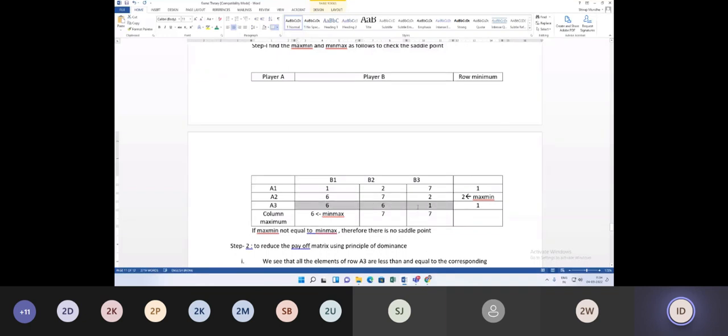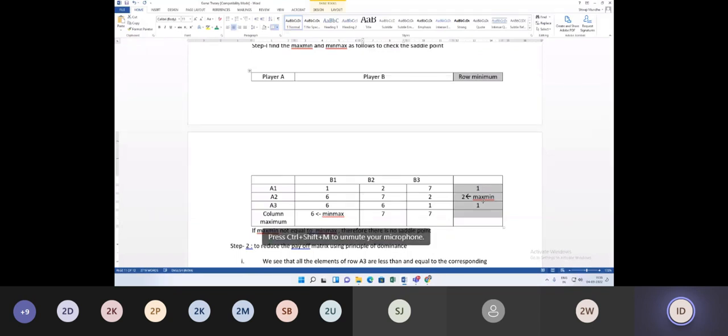What is the minimum? 1. Are you getting or not? These are the row minimums we have selected. From these row minimums, we have to select the maximum. That is called the maximin principle. The 2 is maximum. Am I right?